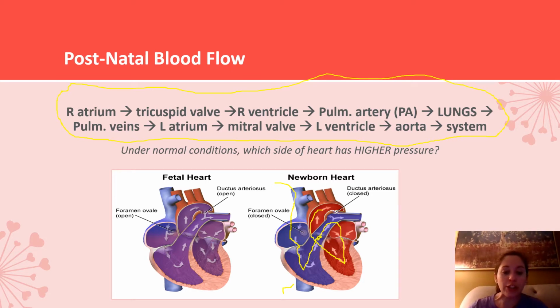Now, a few things I want to make sure you know. These two little vessels over here on the side that I'm indicating with the highlighter are part of the aortic system.